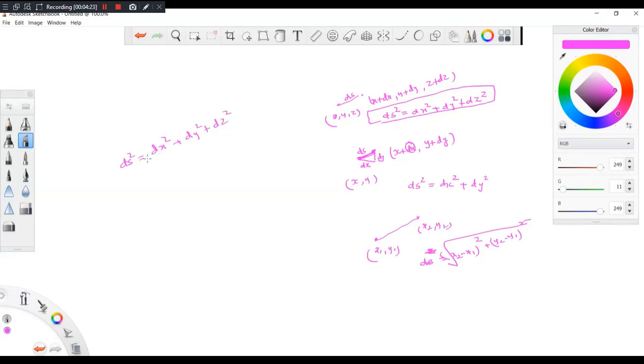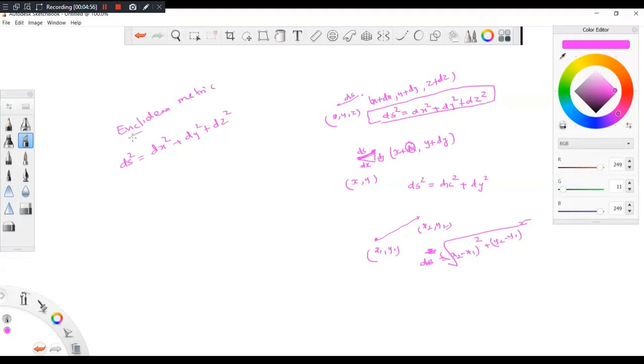So all the coefficients are 1, and you never find it different from 1. This distance is usually called the Euclidean metric.